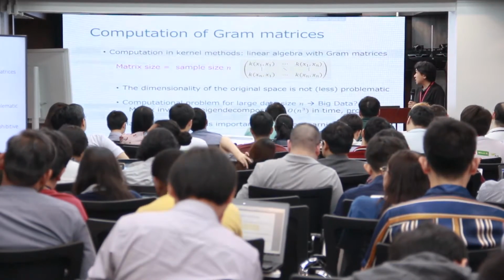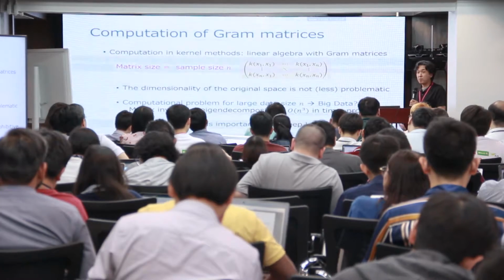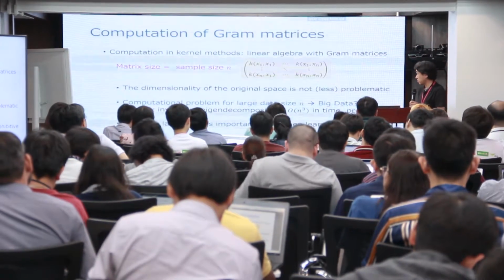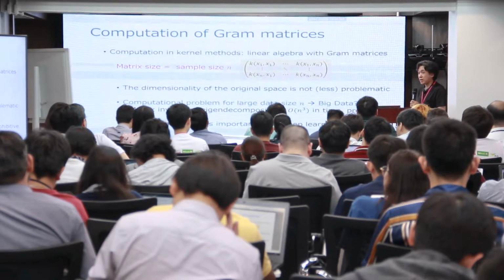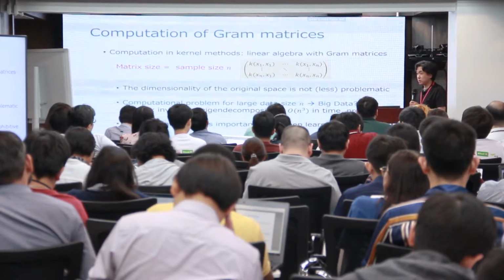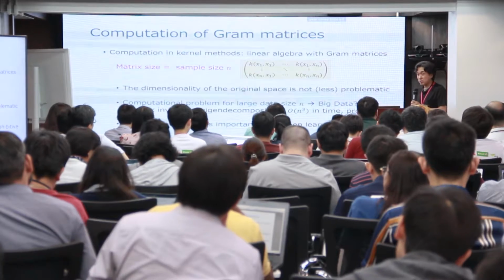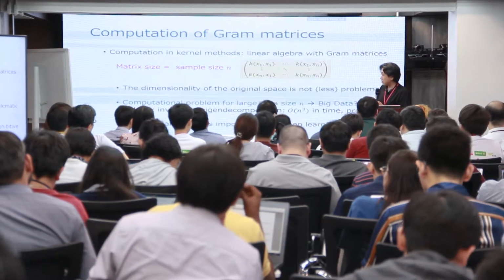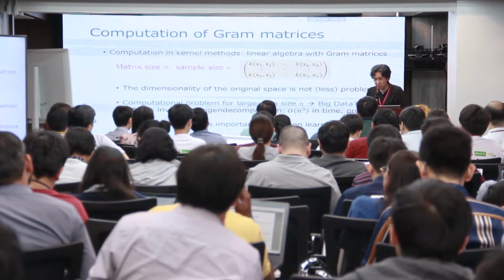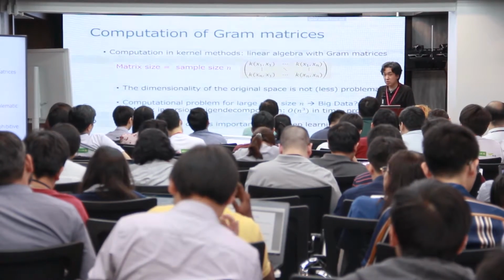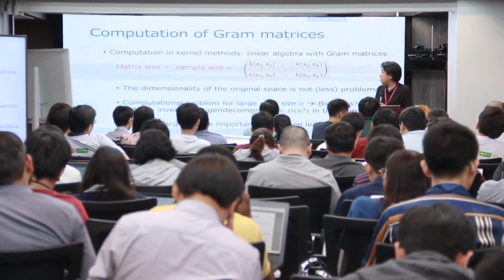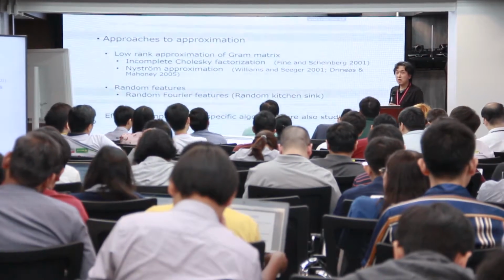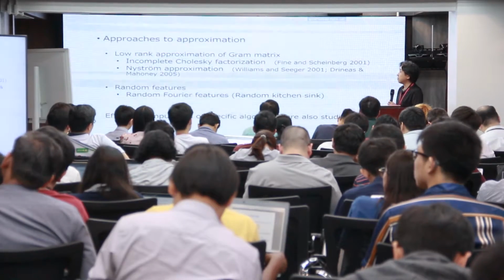Nowadays, the data size is increasing a lot, like million is very popular for images, for example. And deep learning can handle that by, basically, stochastic gradient descent. But if we keep this Gram matrix, it's impossible to apply support vector machine to such very big data. And people have developed some techniques to solve this large size problem.